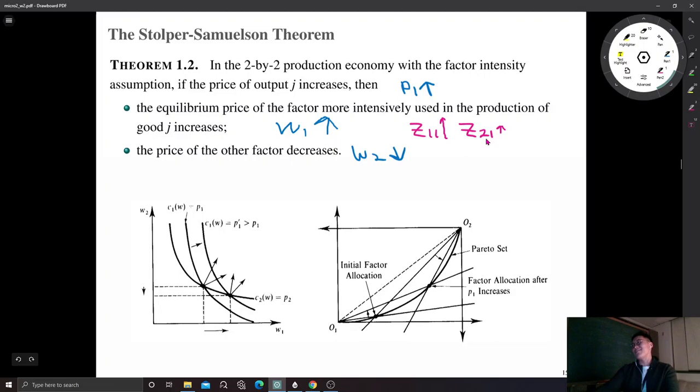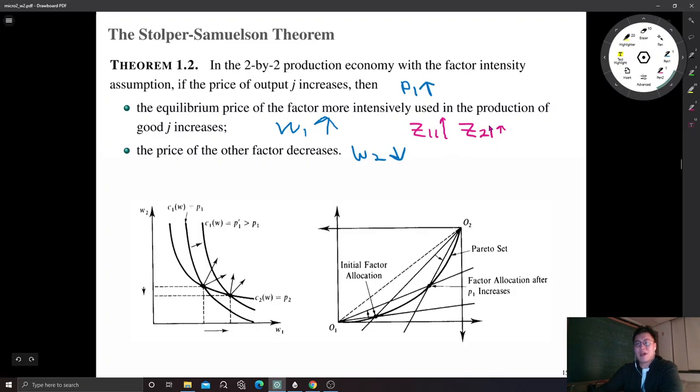But this is not the end of the story, because not only firm 1 but firm 2 also exists in this economy, right? So we have to think about how firm 2 responds to this change in output price.